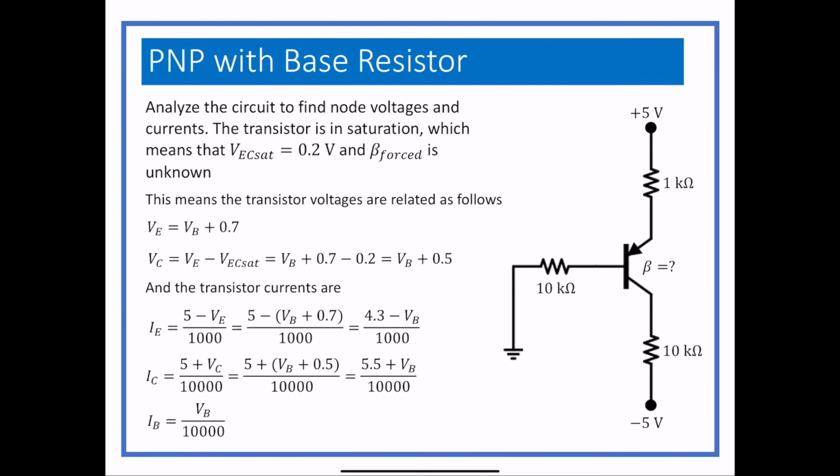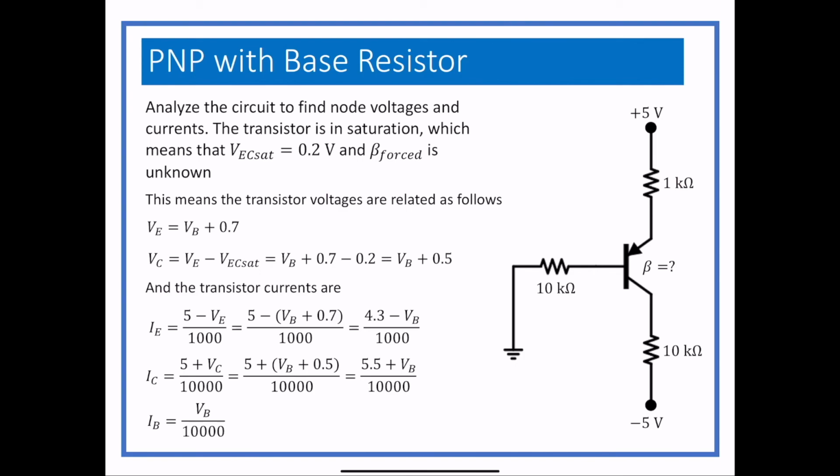And we can use that to go into each current and have a relationship between the current and the base voltage. So all three currents, you'll notice, when you start plugging in the value of it related to the base voltage, we actually end up with one unknown because IE equals IC plus IB.